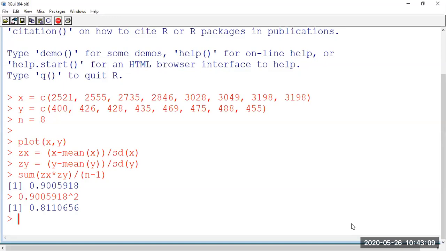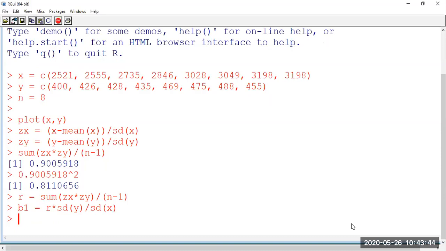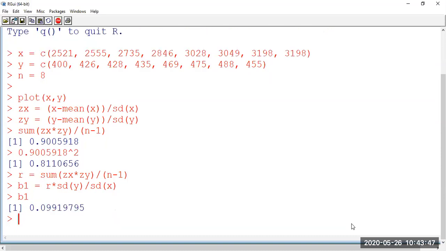I have the steps there: x, y, zx, zy, and I have R. I need to enter this step, and I'm going to add R equals, because now I need that value to compute the slope, which is v1, just R times the standard deviation of y divided by the standard deviation of x. You can just call v1 and you get 0.09.